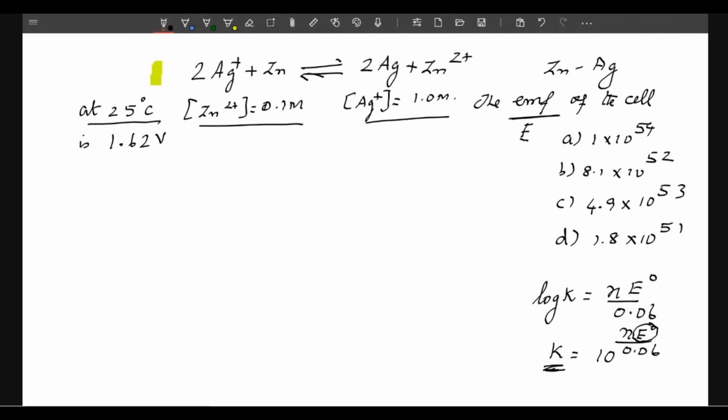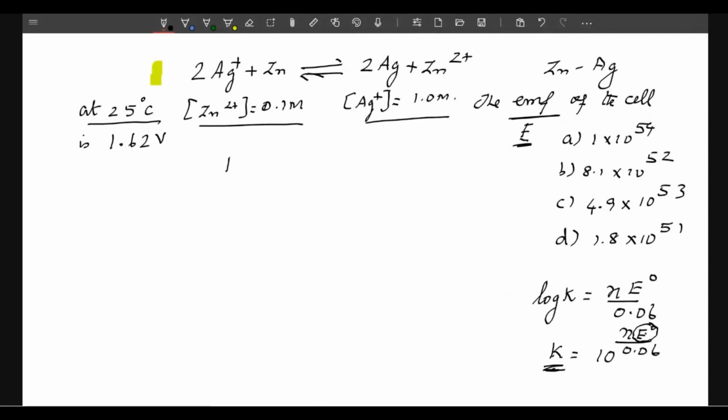Now, what is the task before you? You should not use the E value for calculating K. You should use the E naught value for calculating K. What is the relationship between E under non-standard condition and E naught? That is the Nernst equation. You know that.